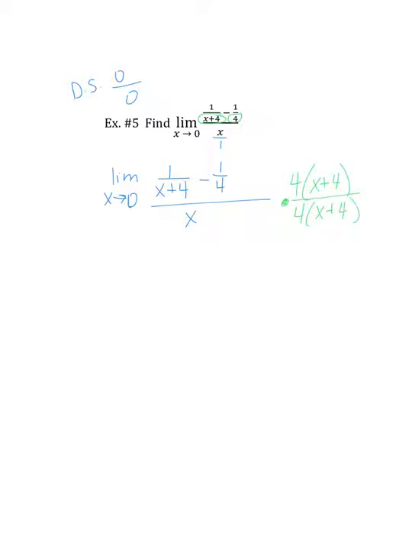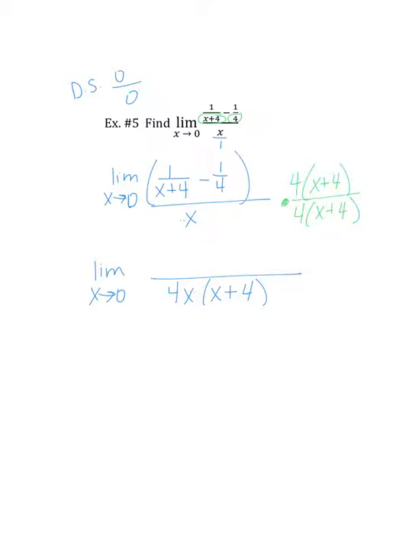Why is that helpful? Well, because on the bottom, I don't really multiply out, because what do we know has to happen? I know that that x has to end up canceling, so I'm not going to multiply anything out. Now watch the beauty of what happens on top.